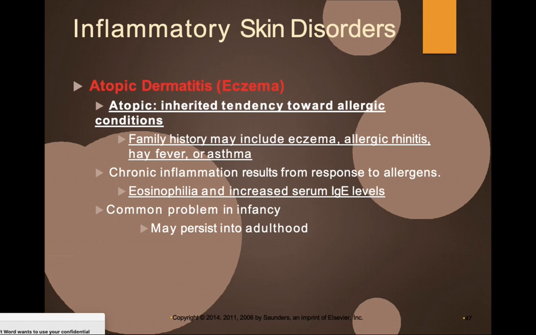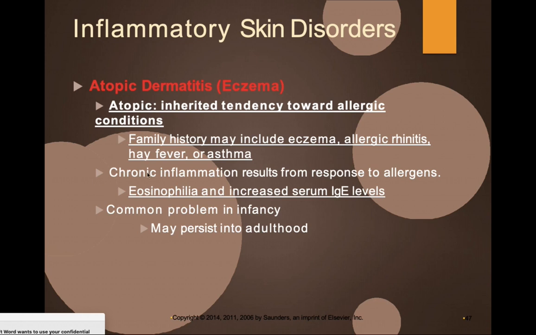What will we see? Besides the family history that may include eczema, you'll ask about any history of allergies or allergic rhinitis, hay fever, any family history of asthma. So it's very important to do an appropriate family history. Chronic inflammation can result from response to allergens.